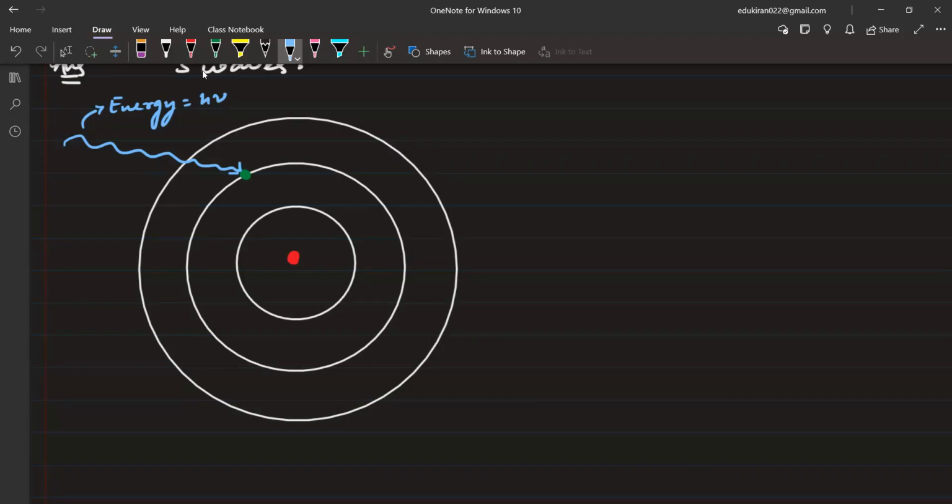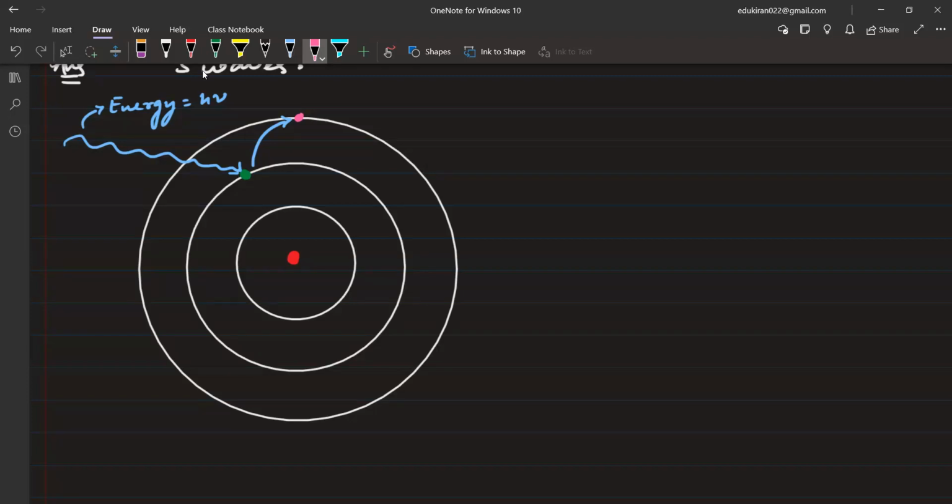As soon as this electron gets some energy, it will change its place and it can go to a higher energy orbit. Or even if it does not shift to any other orbit, at least its speed will increase.